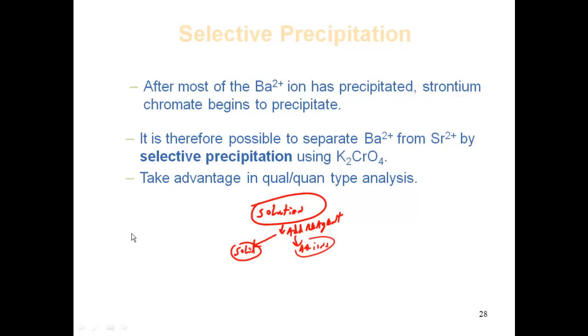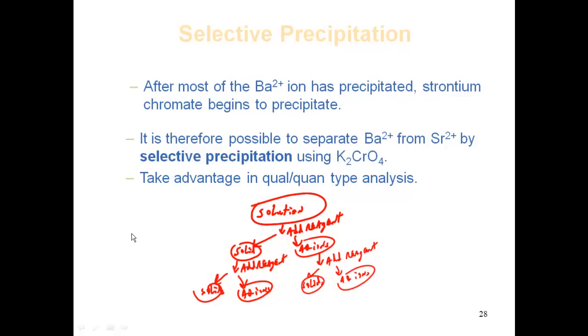Next, we can take that solid and add another reagent to it. Once again, some of those metals will form solids, and some will form aqueous ions. The aqueous ions, same thing. You can add some reagent to it, and some will form solids and some will remain aqueous ions.